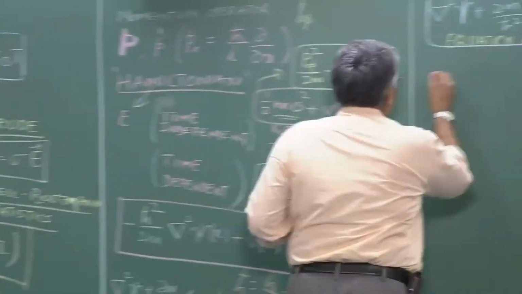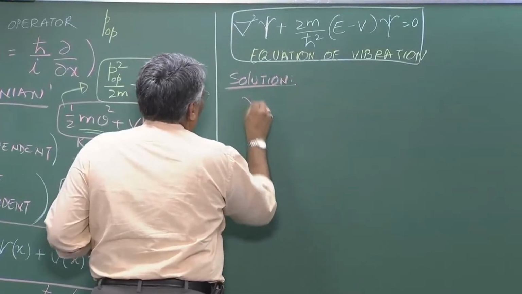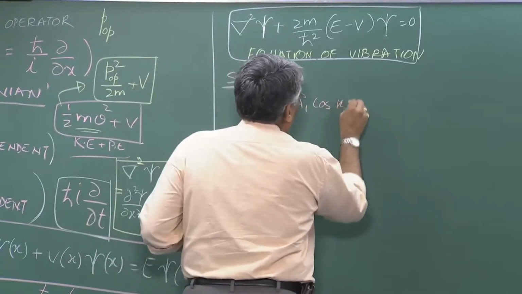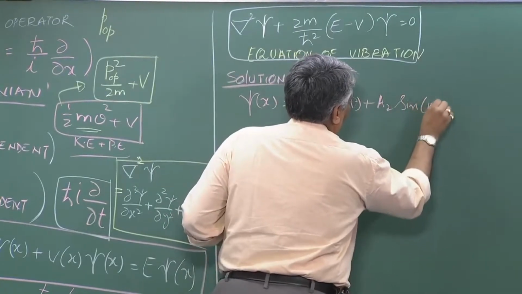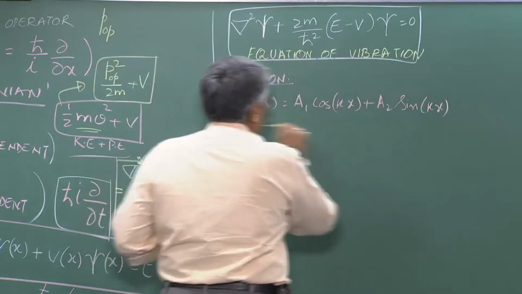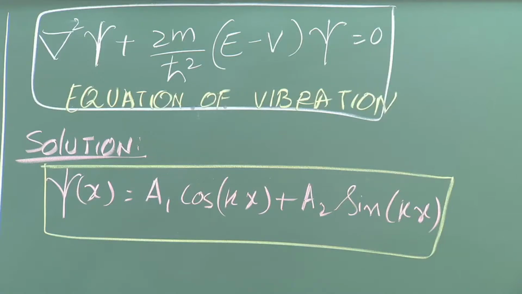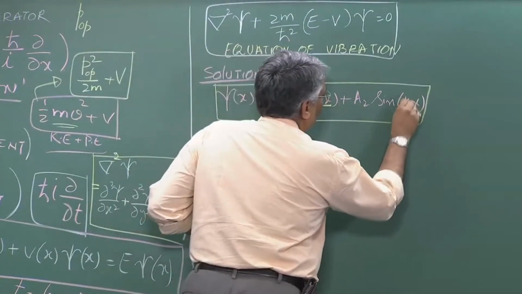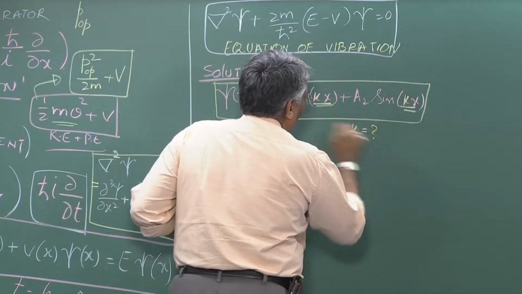So, the most generic one is, you can also write a solution in exponential form. Psi x is equal to a1 cos kx plus a2 sin kx. So, small k, we will come and see what k is.